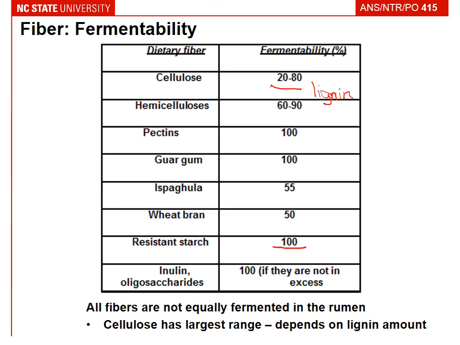And a lot of that has to depend on the maturity of the plant, because if you have a more mature plant, the cellulose is going to start getting surrounded by lignin. So this drastic difference is due to lignin concentration.